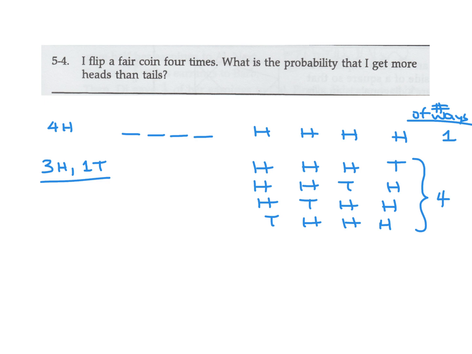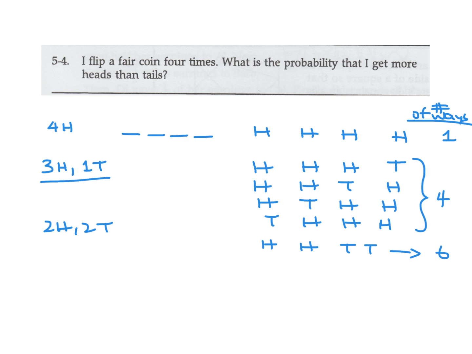And then you have the scenario where you have 2 H's and 2 T's, and there is 6 ways of doing that. H, H, T, T, and I'll just let you figure out the iterations, like for example, H, T, that kind of stuff.